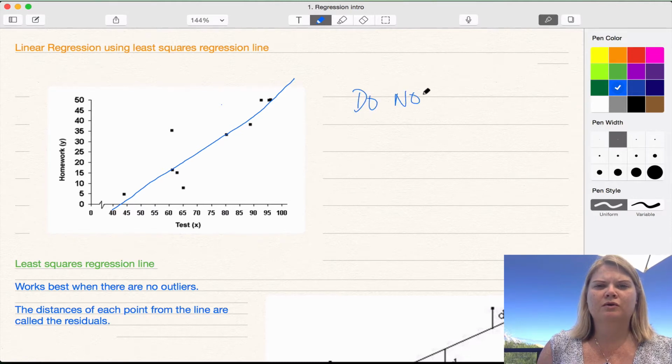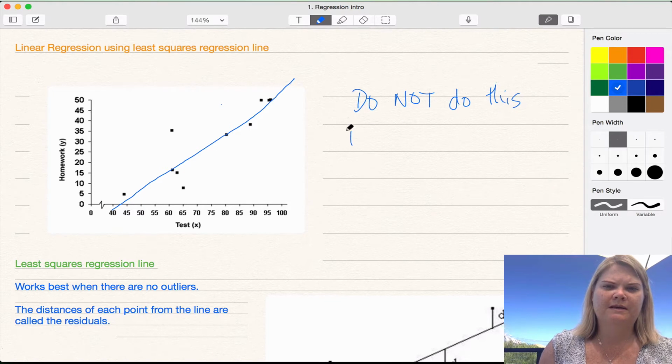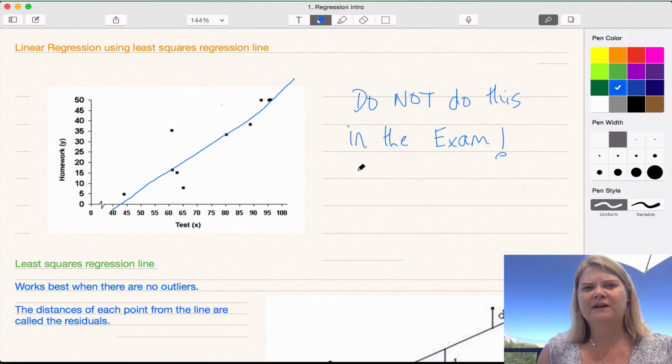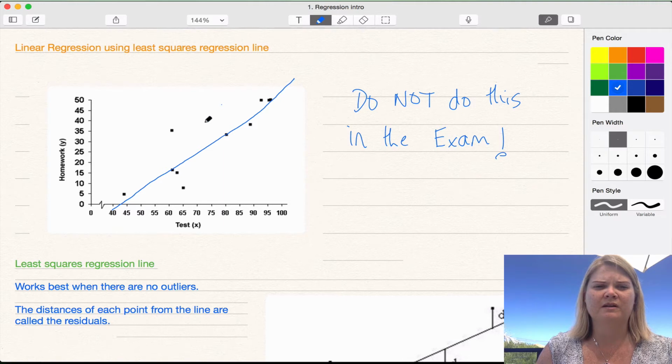Do not do this in the exam. They'll never ask for a line of best fit, so don't ever get your ruler out and try to fit a line of best fit to where you think the data points will go.